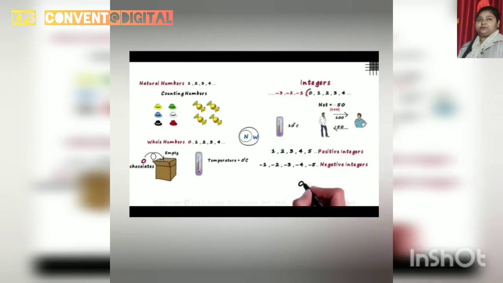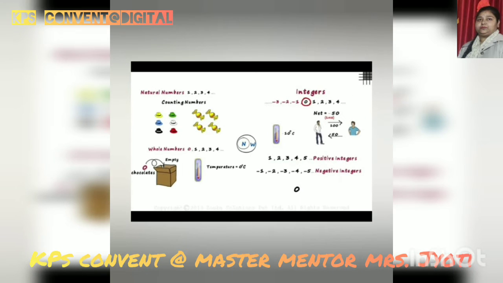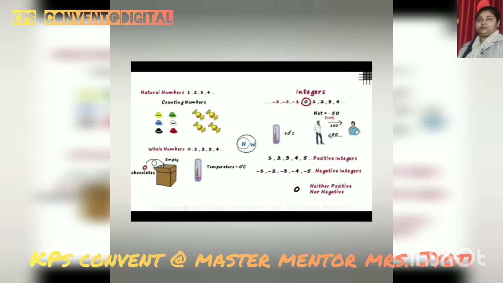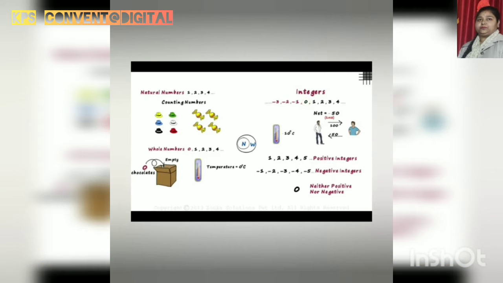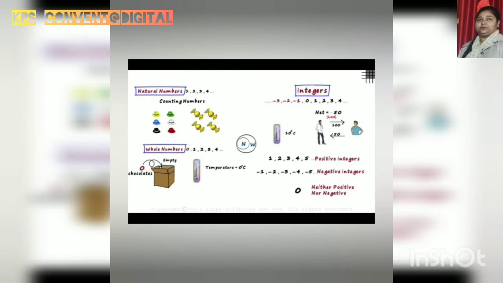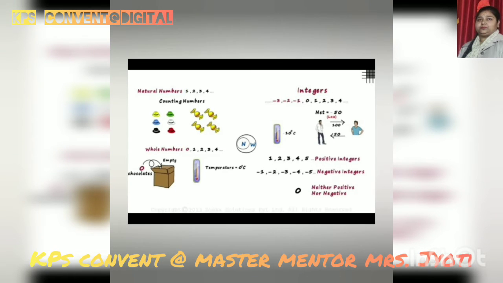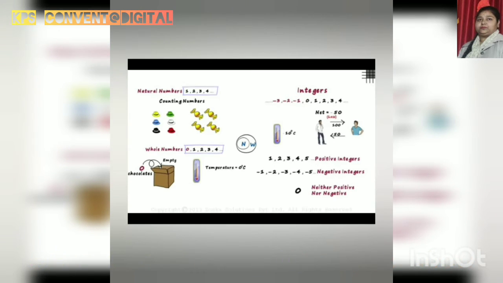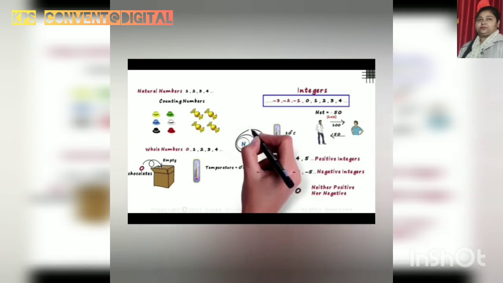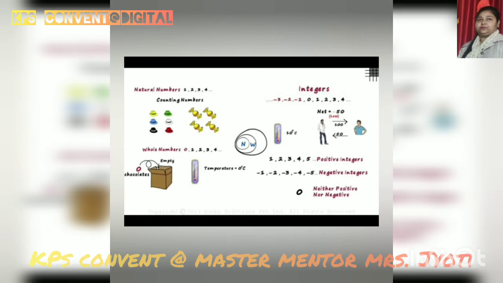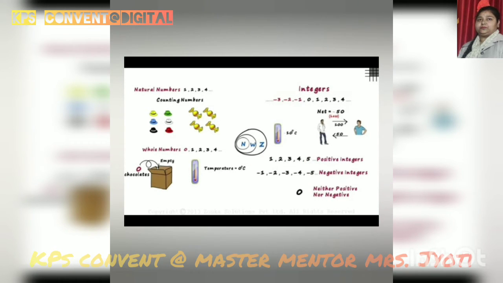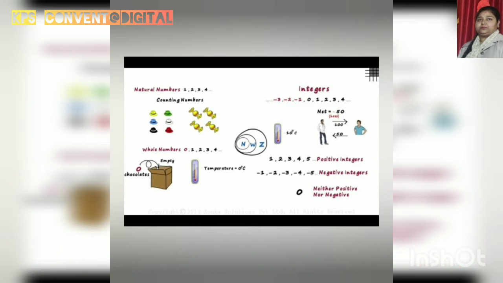And what about 0? Well, 0 is neither positive nor negative. Now look at all three of them together. It tells us all natural numbers and whole numbers are integers. The set of integers is represented by the letter Z. Now we know what integers are.